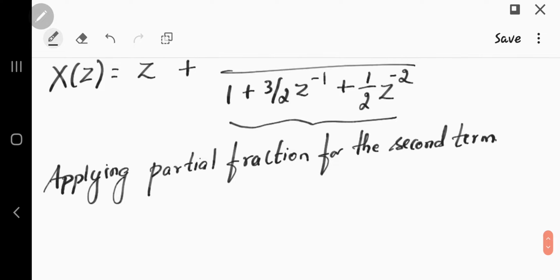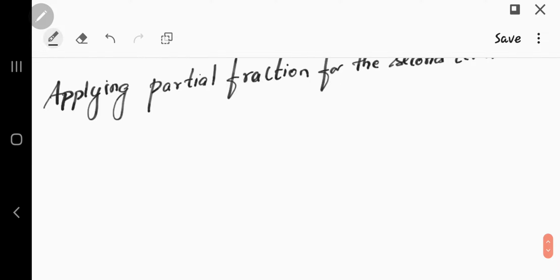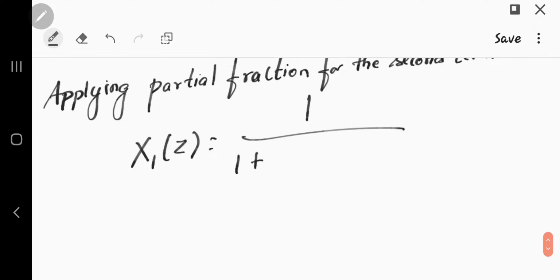So this is the second term, let's write it down. x1 of z is equal to 1 divided by 1 plus 3 by 2 z inverse plus 1 by 2 z to the power of minus 2.